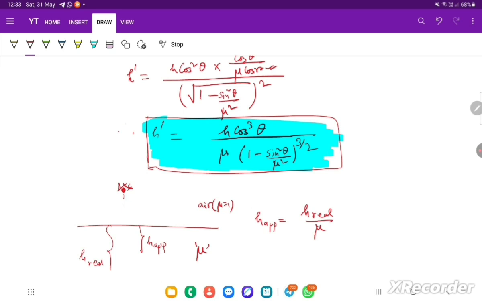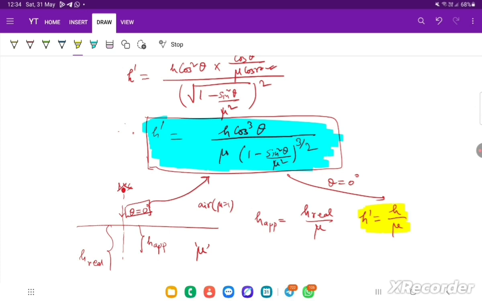So in this case we are viewing at normal incidence, that means theta equals 0 degrees, angle of incidence is 0. So let's put theta equal to 0 here. If we put theta equals 0 here, we will get h dash equals h upon mu. So that is the formula we use a lot, but this is not a generalized formula, this is a modified one for normal viewing. This one is the generalized formula that I have solved.